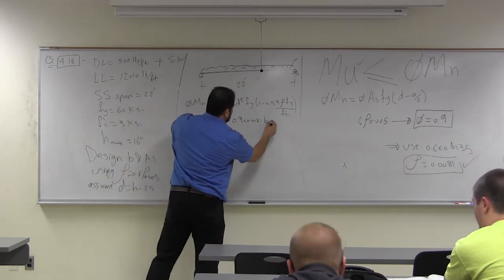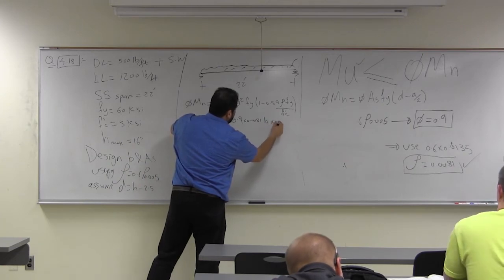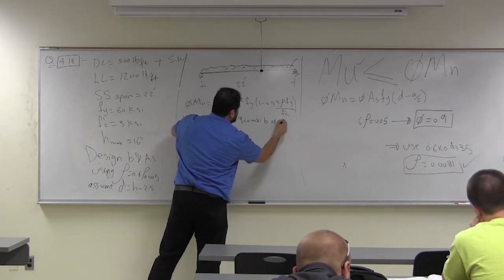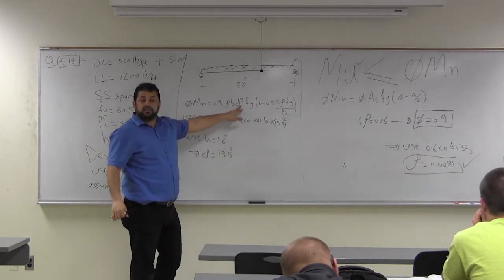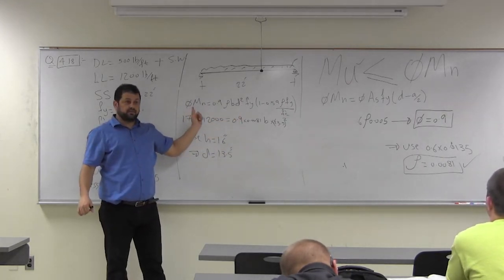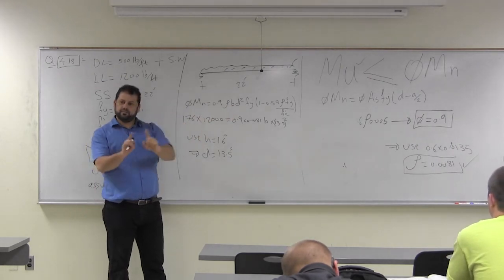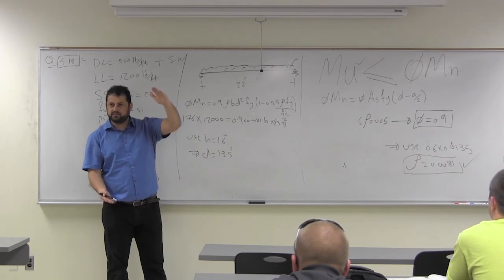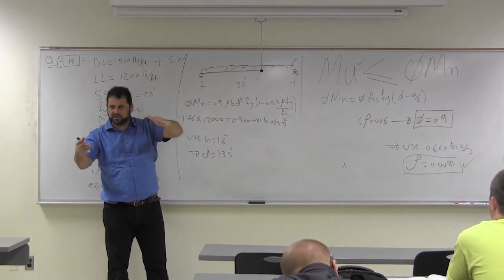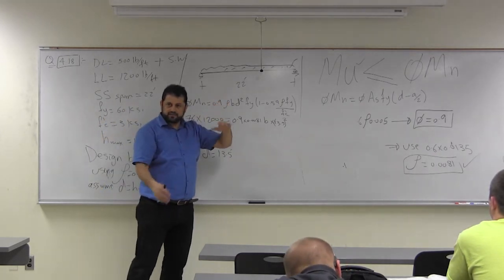So times 13.5 squared. Don't forget the square. If you don't square it here, d and b, by the way, contribute a lot to the strength. If you miss that, you need big b. The depth will give you more moment, which is also inertia. Strength comes from the depth.